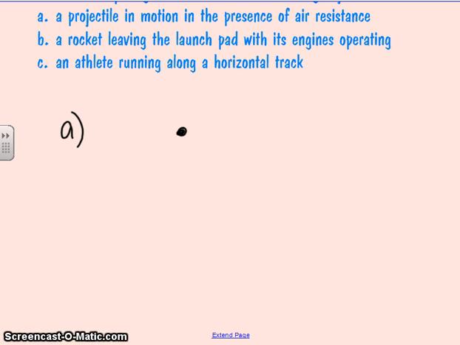And if we think about what's happening, let's say that our projectile is moving to the right. That velocity vector is not a part of our free body diagram. I am simply using it to help me know how to draw some of the other vectors. So I've kind of put it off to the side.